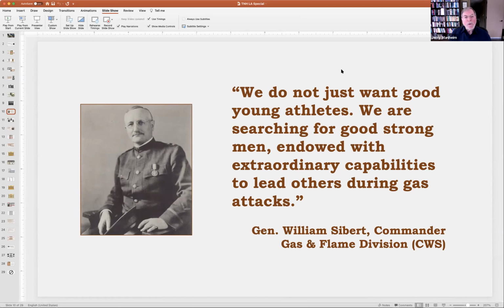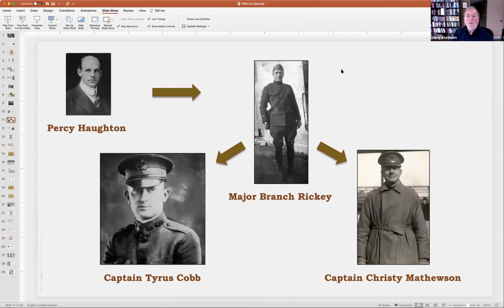And in particular, they started looking for some baseball players. General Seibert got in touch with Perry Houghton, who had just retired in 1916 as the head football coach at Harvard, when that actually meant something, and had bought a share, I think about 10%, of the Boston Braves. So he was in baseball now.